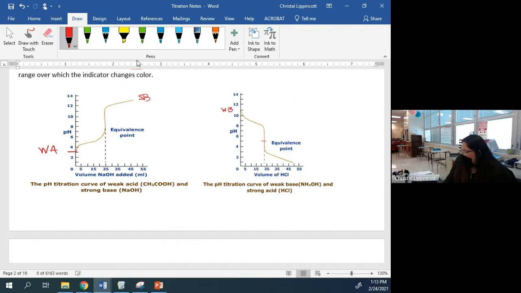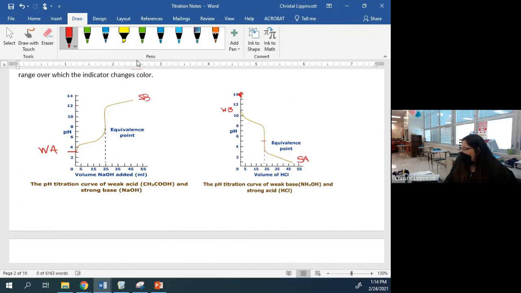We know that it's a weak base because the pH is starting out between 7 and 14. It's in this kind of intermediate range, so that means that it's weak. If it was a strong base, it would start out up here, somewhere in this general vicinity. Okay, we ended up titrating that with a strong acid, and we know that it's a strong acid because your pH in the end ends up down here right by 0.